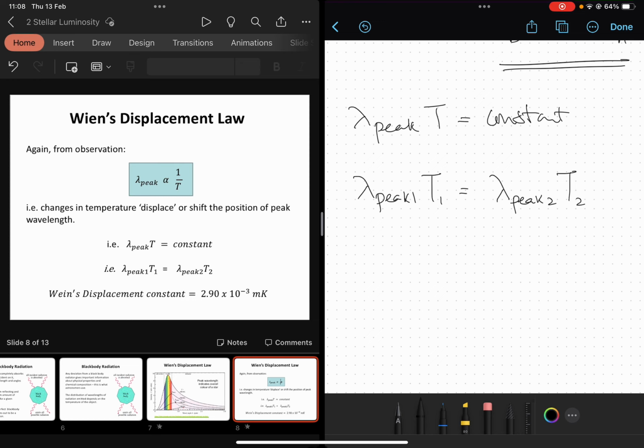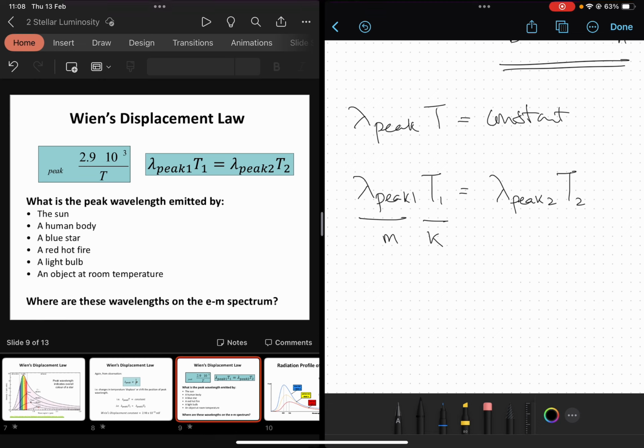Now, you don't need to know what the constant is. You're not given that in your data and formula sheet, but it has a value of 2.90 times 10 to the minus 3, and those units are meter Kelvin, not millikelvin. Okay, meters from the units for wavelength, and Kelvin obviously from the units of temperature.